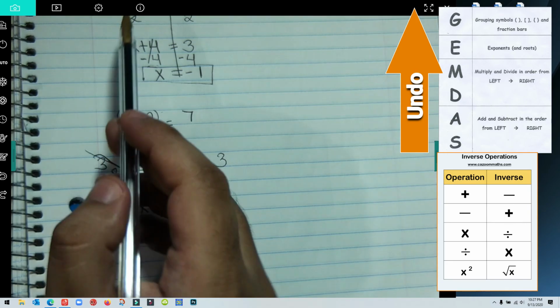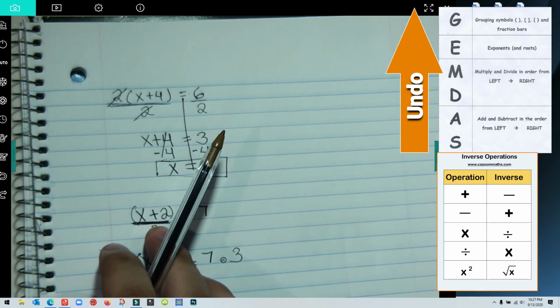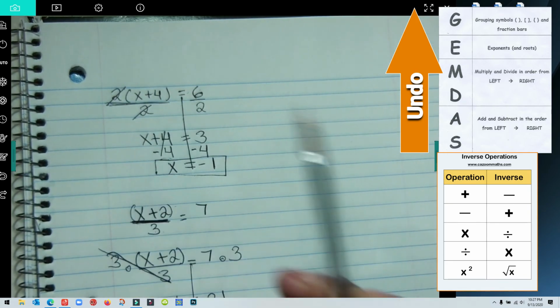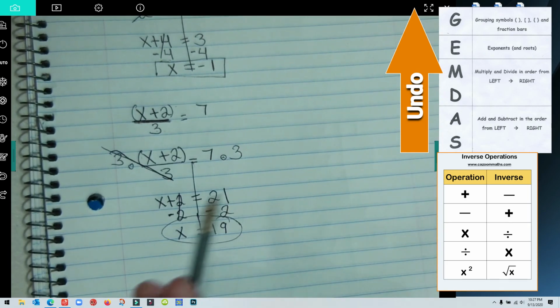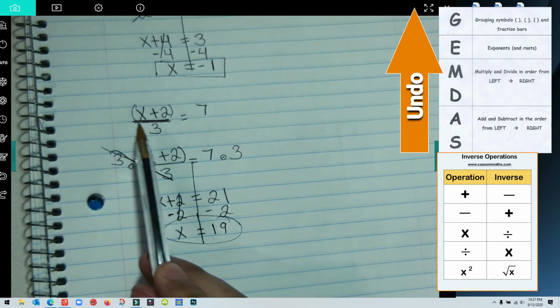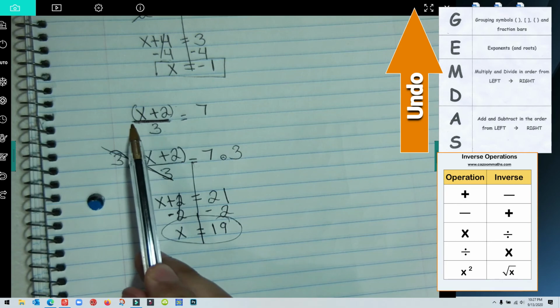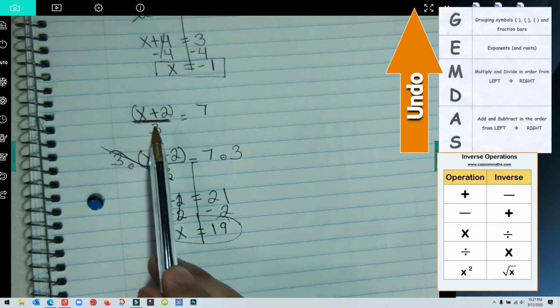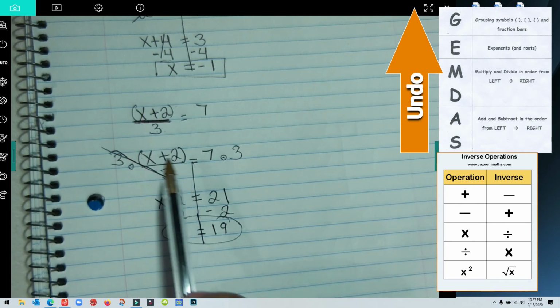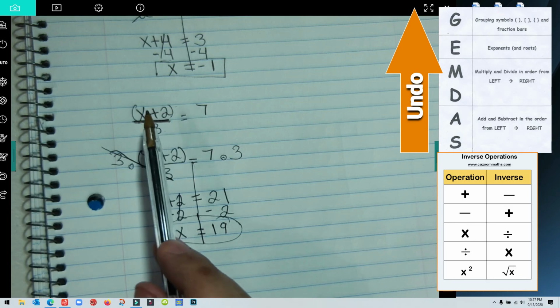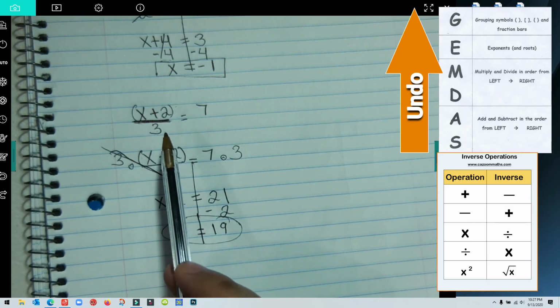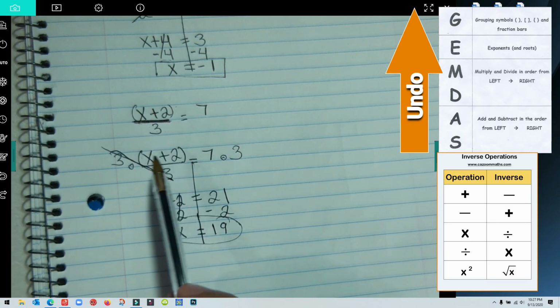Make sure that if you see a parentheses, you leave it till the end, and make sure if you see a fraction bar, pay close attention to see if there are groups on top or groups on the bottom. Remember, if there's more than one thing on either top or bottom, it automatically becomes a group.